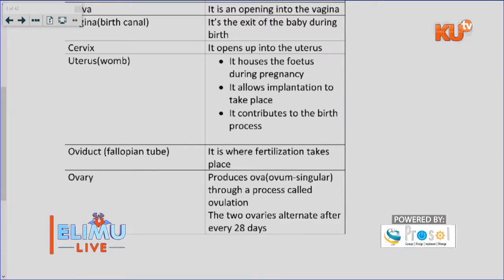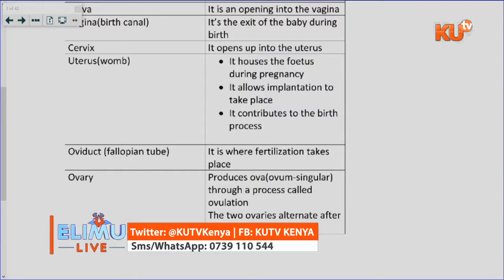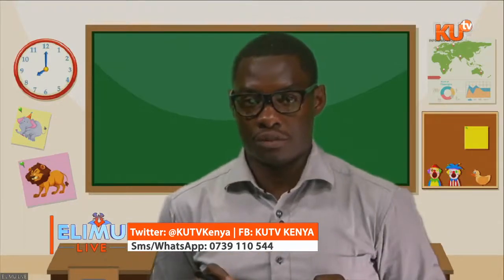Then we have the ovary, and the ovary produces the ova, that is in plural, and in singular it is called the ovum. And that process of production of the ova is what we call ovulation. And ovulation takes place after every 28 days.